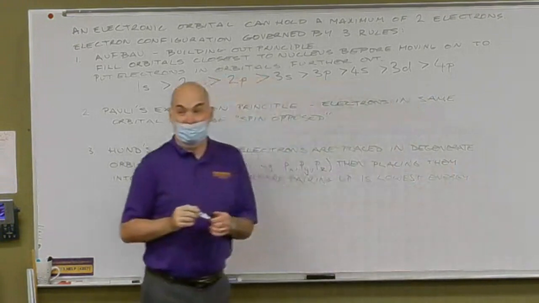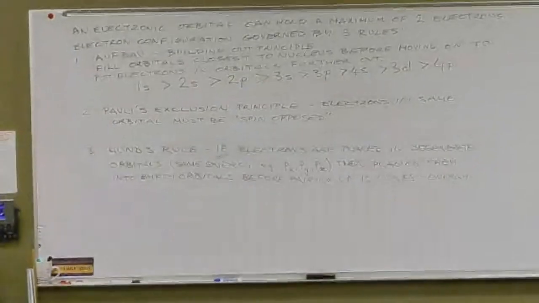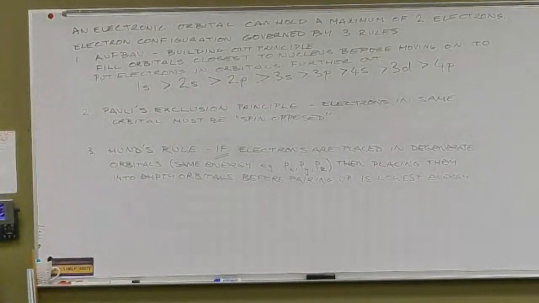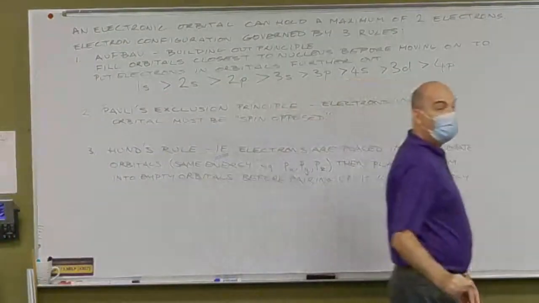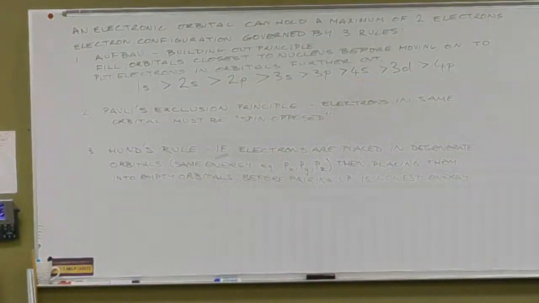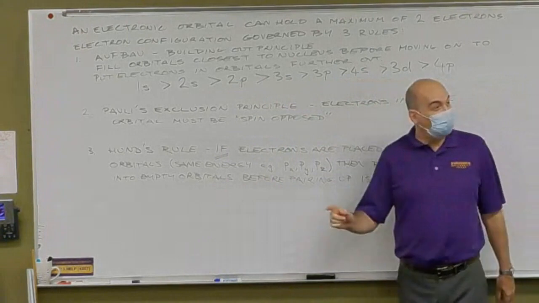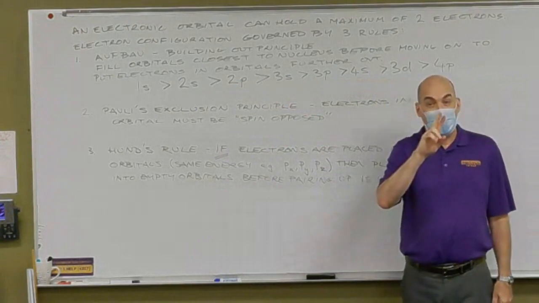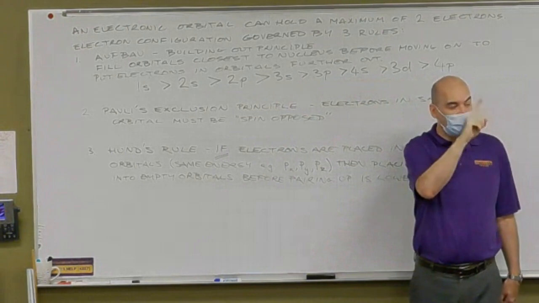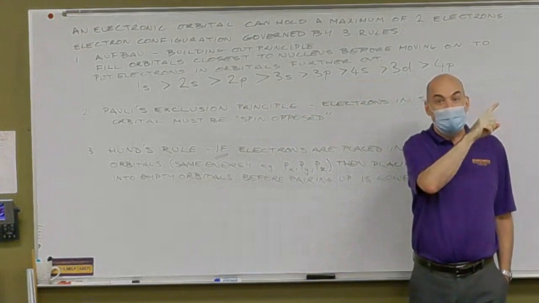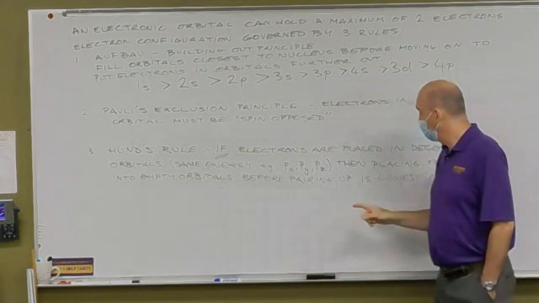Electrons repel each other. If I'm a carbon, I'm in position 6 on the periodic table. That's the second atom in the 2p block.